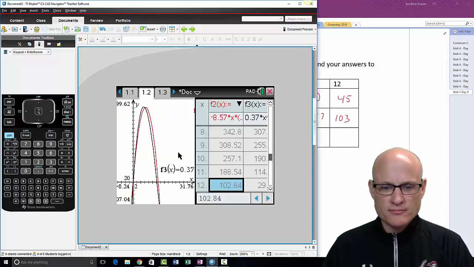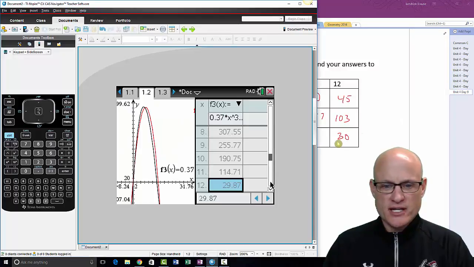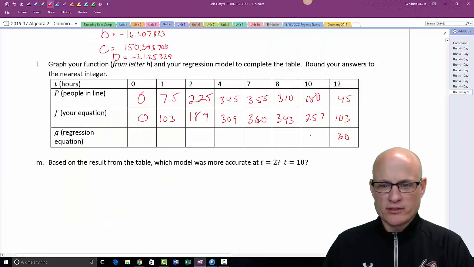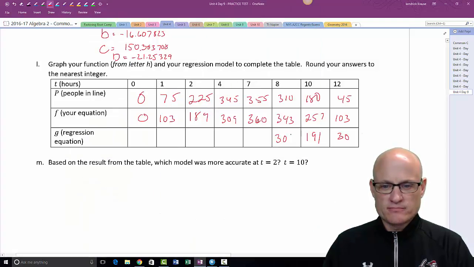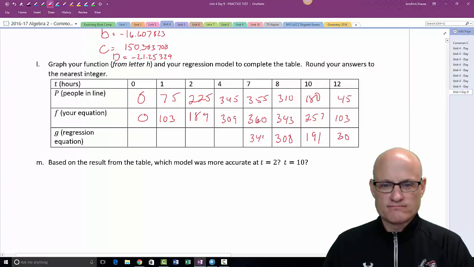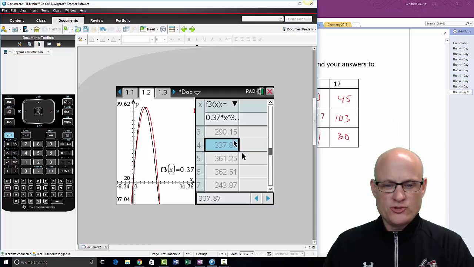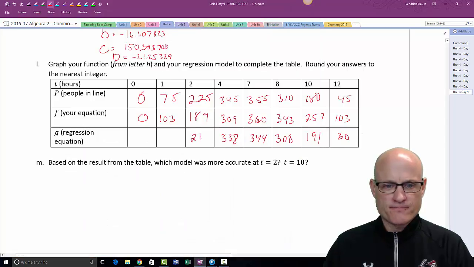Now the regression. So 12 was 30. 10 was 191. 8 was 308. 7 was 344. 4 was 338. 2 was 216.